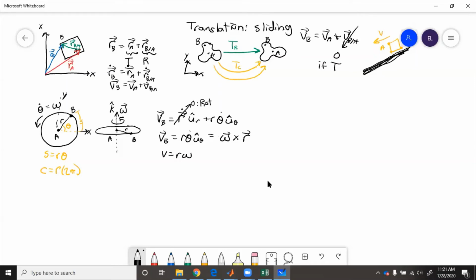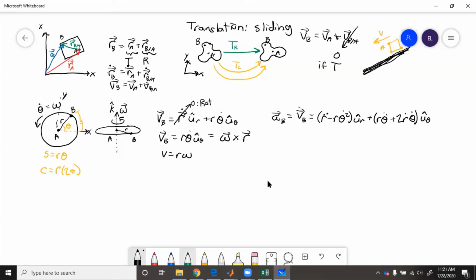Now the acceleration here, we just again take the derivative of velocity. So for our polar formulas, we have R double dot minus R theta dot squared UR plus R theta double dot plus 2 R dot theta dot U theta.